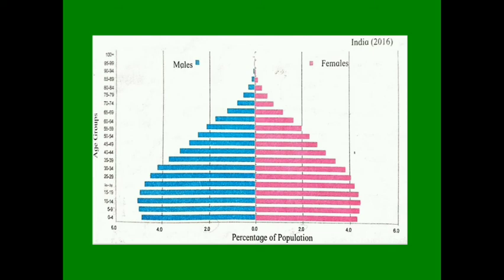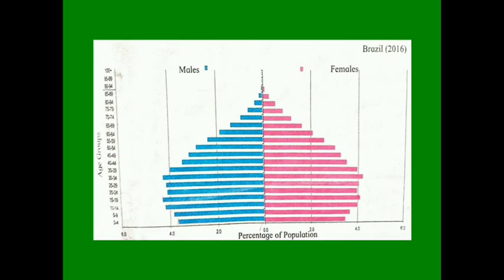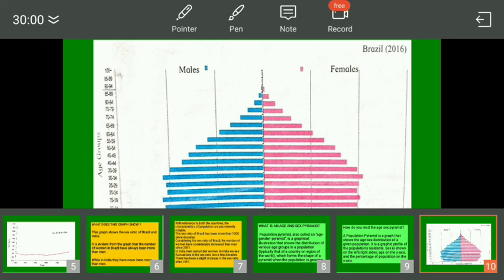Whereas the middle age group population of Brazil is more. Now see this one, the middle age group of the population is more in Brazil compared to its young group. And even the old age group population of Brazil is more than India. That is, Brazil has more old age group people than India.